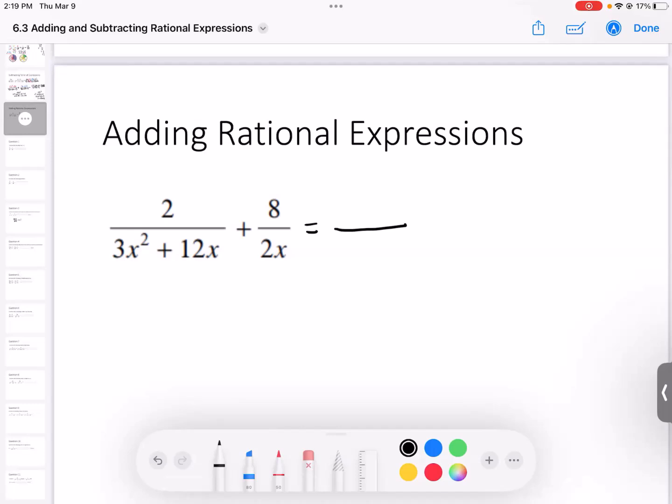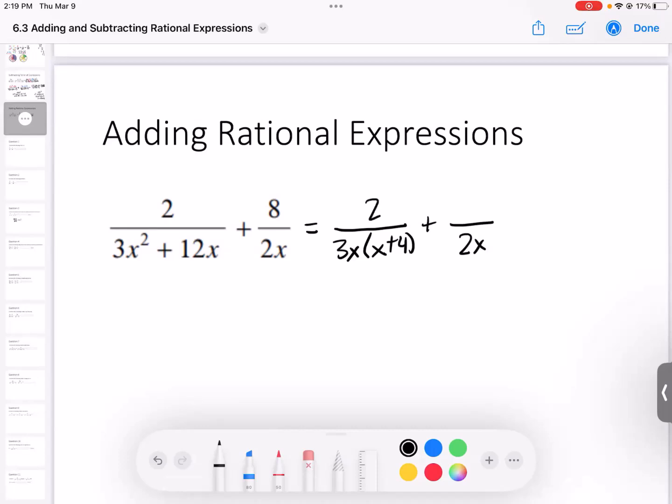So if we factor the first denominator, what do both those terms have in common? Yep, have a 3x in common, which leaves us with x plus 4. And then for the second denominator, that one's already fully factored because you can't factor 2x any further.